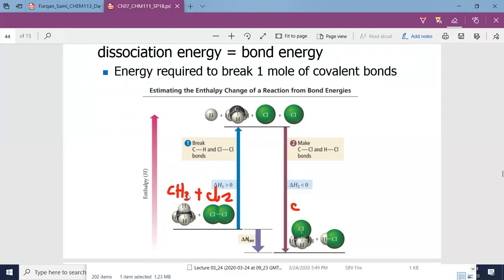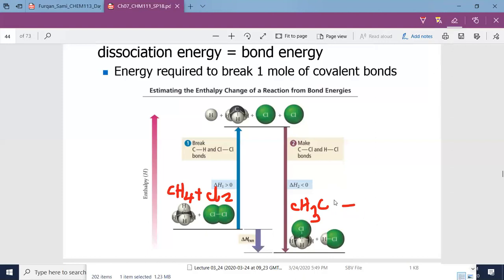This is CH4, methane. Methane is reacting with chlorine, so that's going to be CH3Cl plus we're going to get HCl. So this is what the reaction is showing in the molecular structure form here and here.